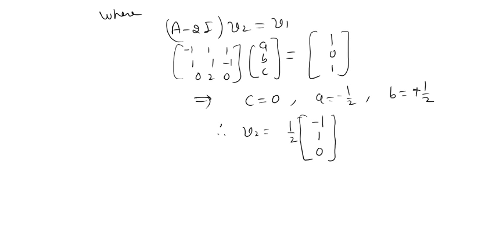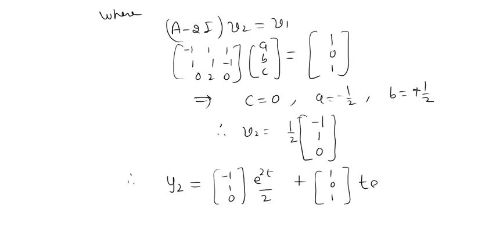So the second solution y2 is v2 e^(2t), with the 1/2 factor, plus v1, which is (1, 0, 1), times t e^(2t). So this is the second solution.